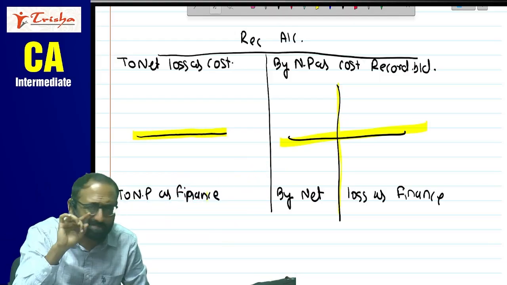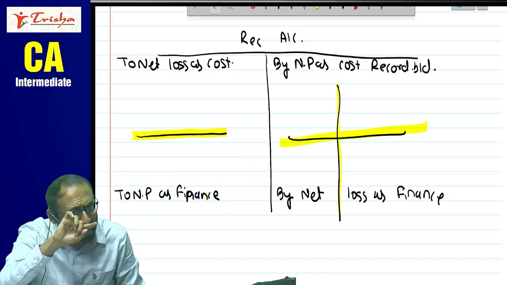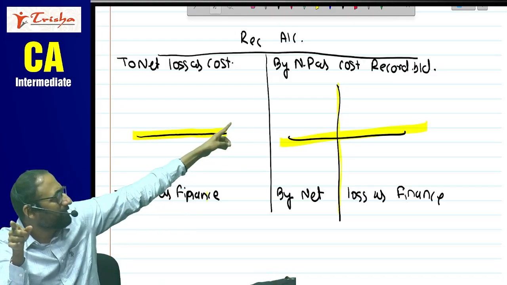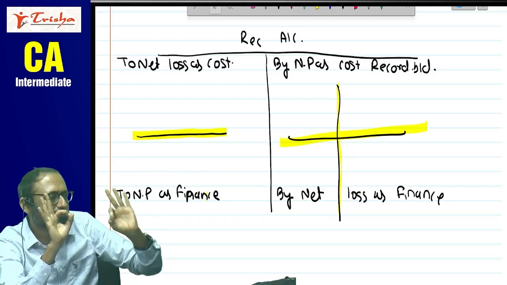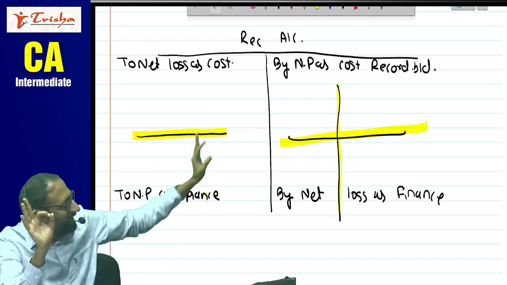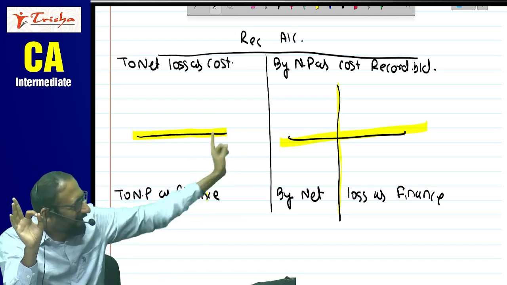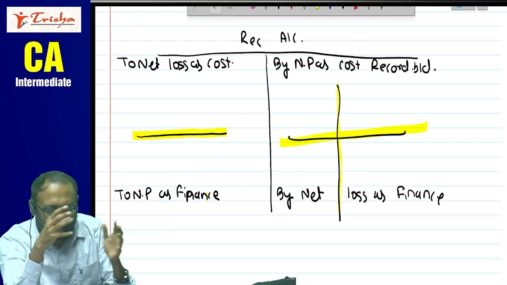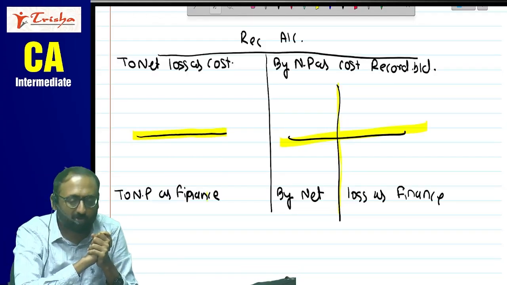Where you write loss in the P&L account, the loss will be written onto the debit side. If you bring down that loss, it will be written onto the credit side. Yes or no? Such a simple point, sir. All less transactions onto the debit side, all add transactions onto the credit side. Then finally you will get net profit as per finance or net loss as per finance.